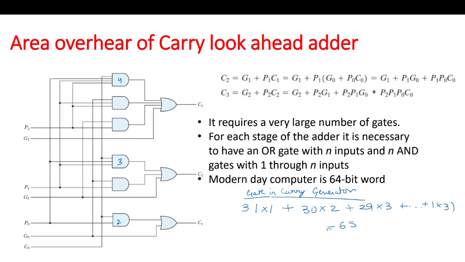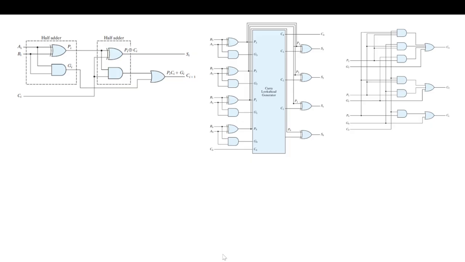So it is almost like this, and we need this OR 1 in 2 input, 3 input, and similarly 31. We observe that there is so much increase in the area overhead for this carry lookahead adder.